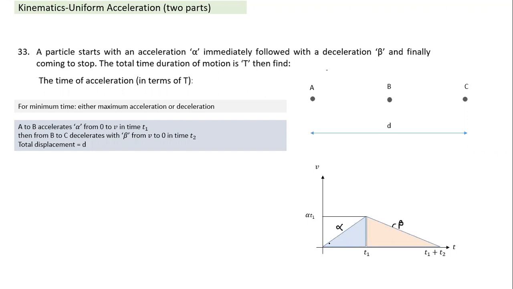If the time for acceleration is t1 and the time for deceleration is t2, this velocity here will be equal to alpha t1. Equating speed divided by time, beta has to be equal to alpha t1 divided by t2, or alpha t1 is equal to beta t2. So t1 by t2 is equal to beta by alpha. So the times for acceleration and deceleration are inversely proportional to the magnitudes of acceleration and deceleration.